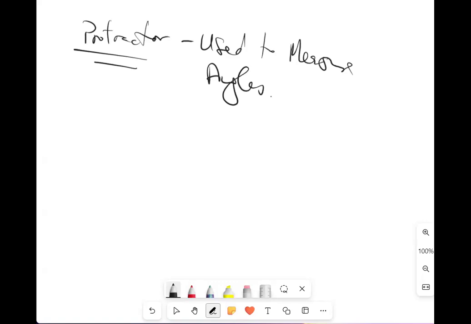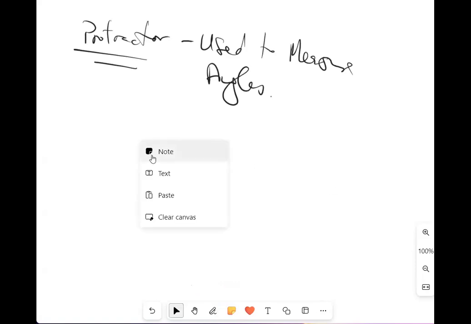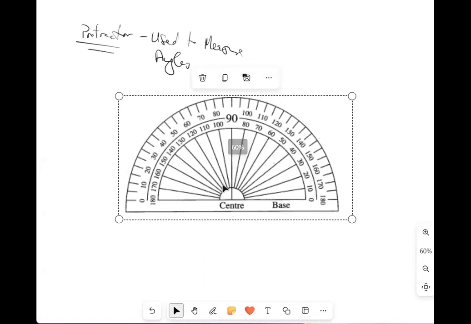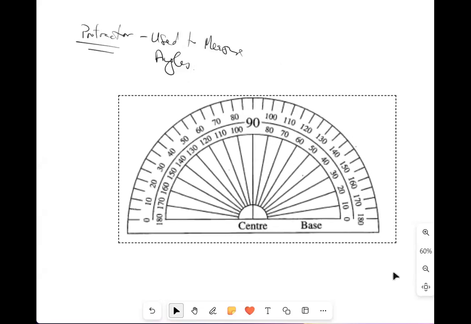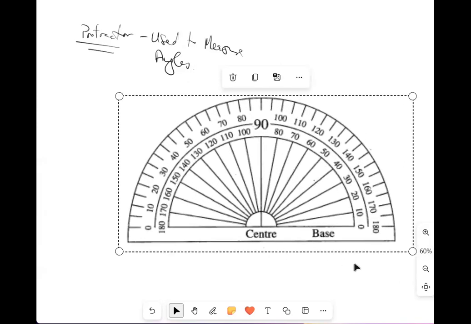I think that's what your protractor looks like in your geometry set. Yes, this is a protractor, right?